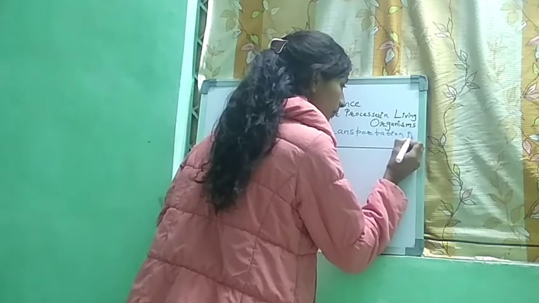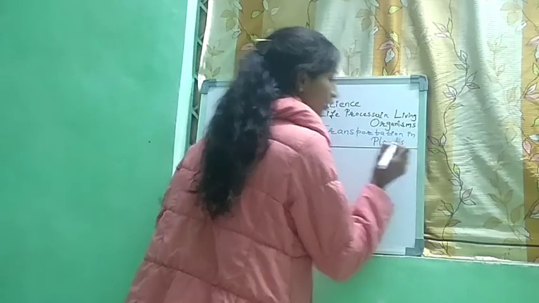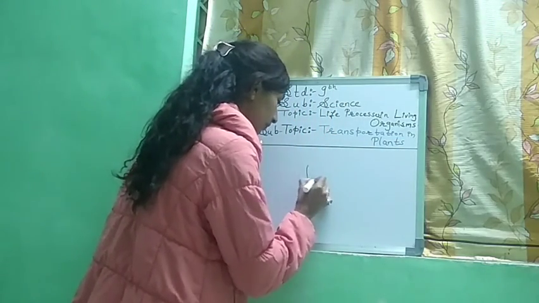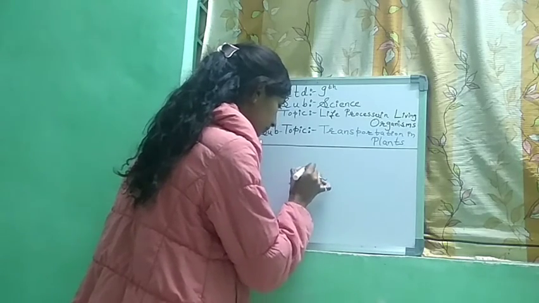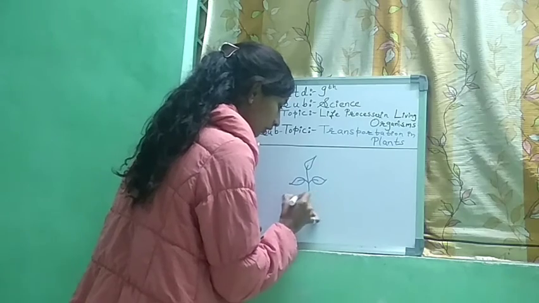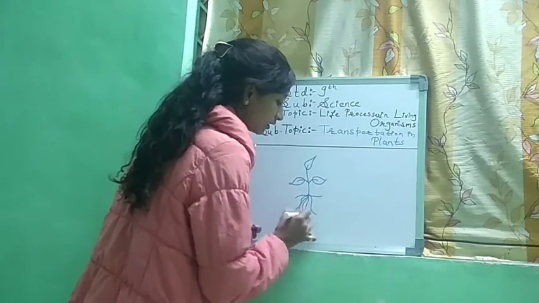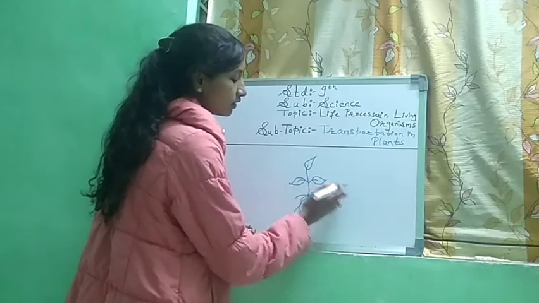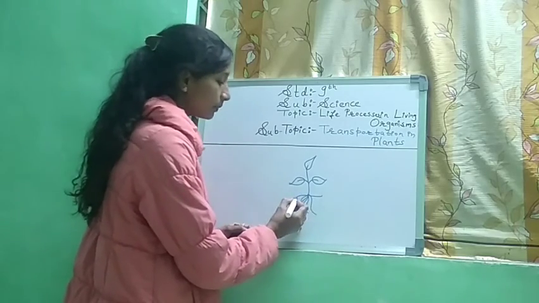Transportation in plants. Suppose a plant is there. Plants have roots, stem and leaves. These are roots, these are leaves, this is stem. So what will happen?